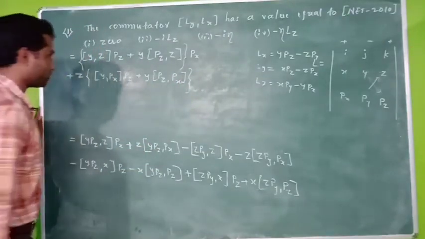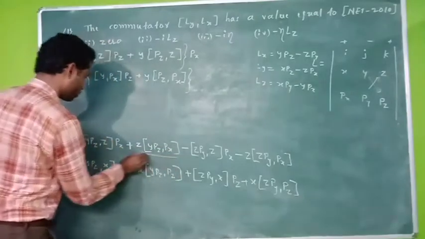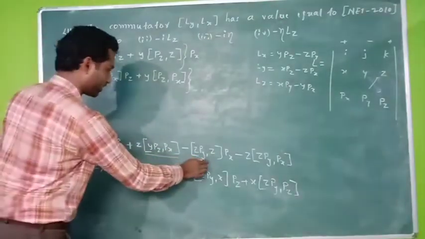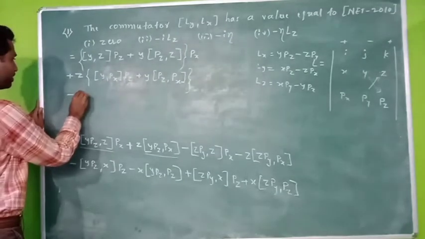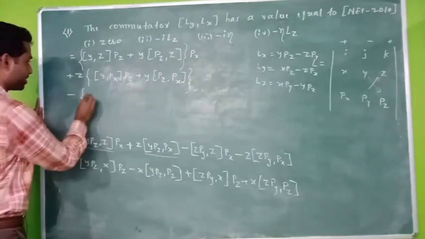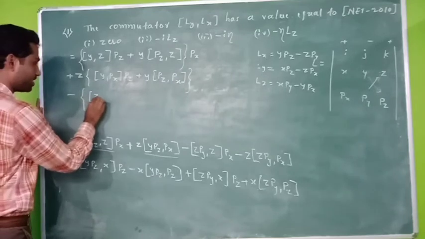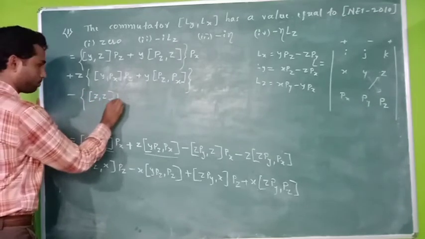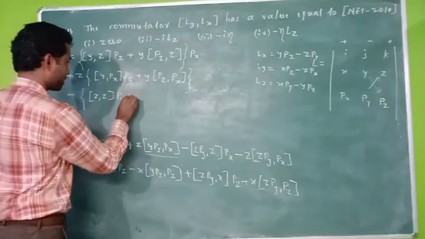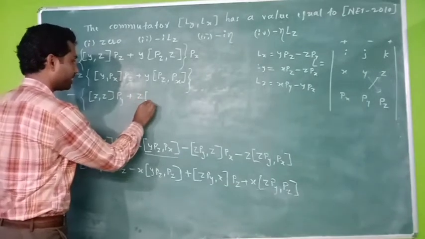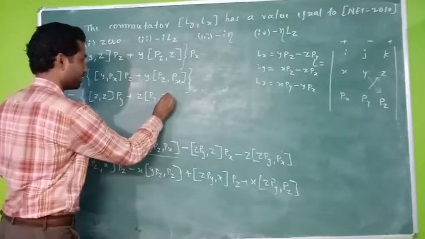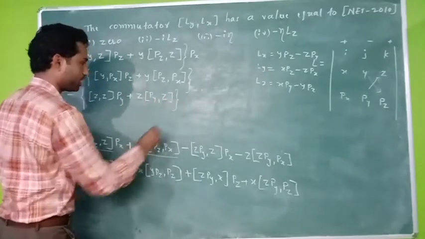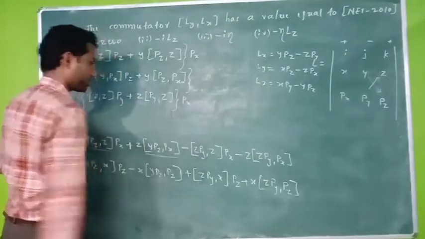Next I have to expand this one: minus, within brackets, the commutator of z and z multiplied by py, plus z times the commutator of py and z, whole thing multiplied with px.